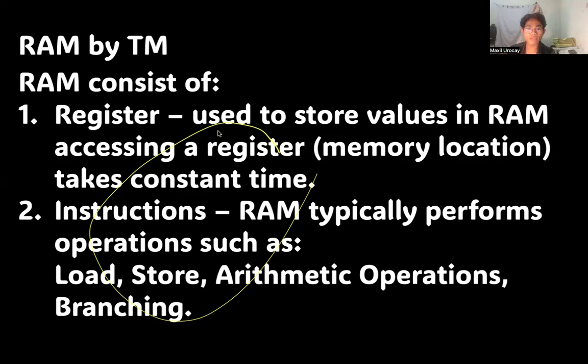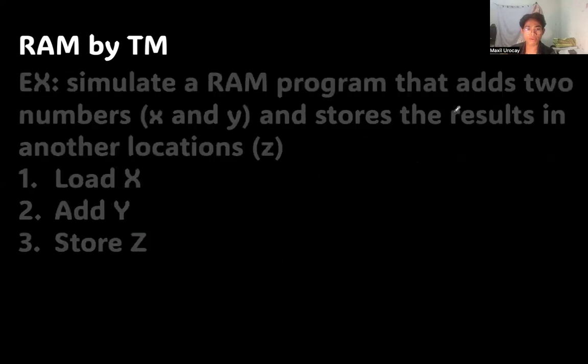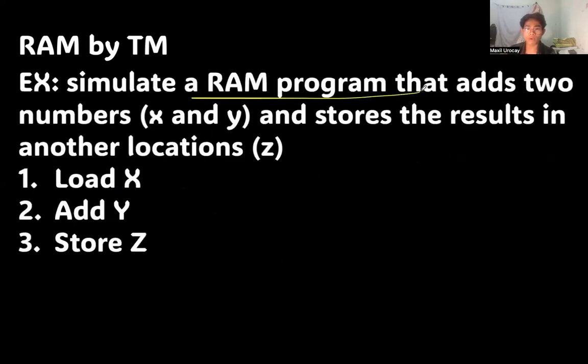So we have here the same problem as we had earlier. We simulate a RAM program that adds two numbers, X and Y, and stores the result in another location, Z. In our first block, we load X, the value from memory location 1, into register 1, and we add Y, the value from memory location 2, to register 1.